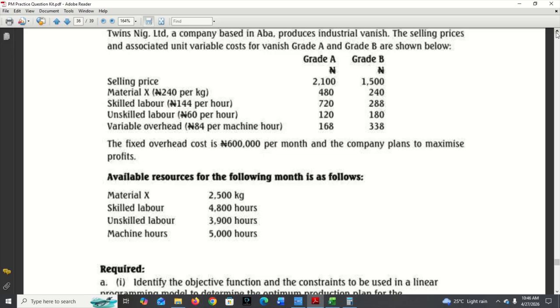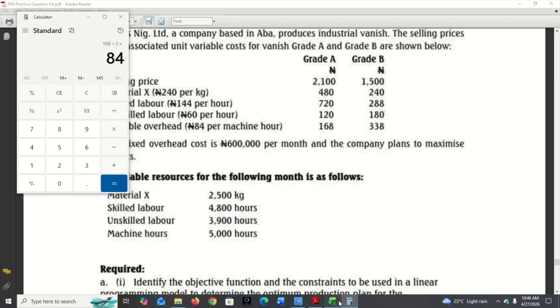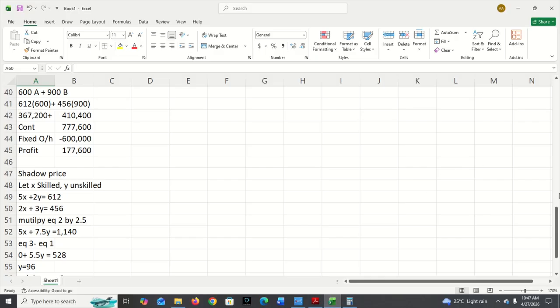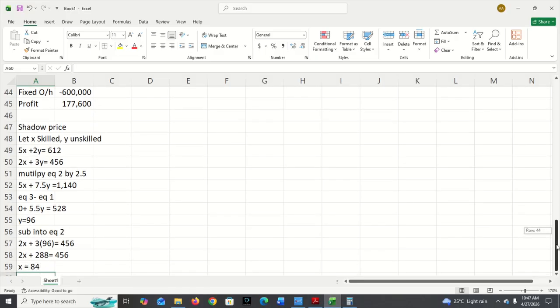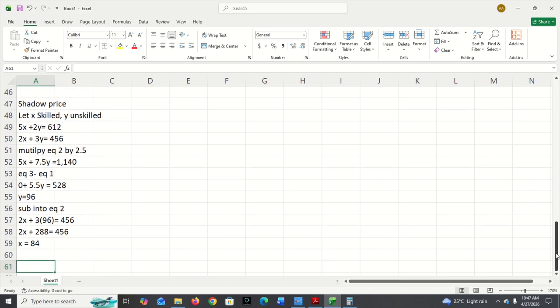Our skilled labor is 144 per hour, and then we got what? The first one we got 144, plus 84. All right, great. So for now, our skilled labor is x, right? We said our skilled labor is x.